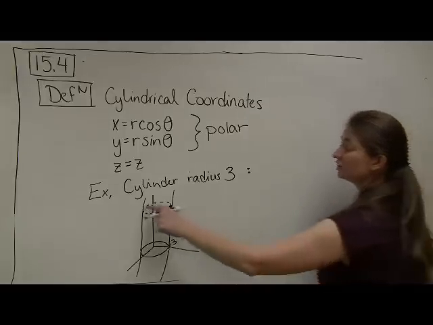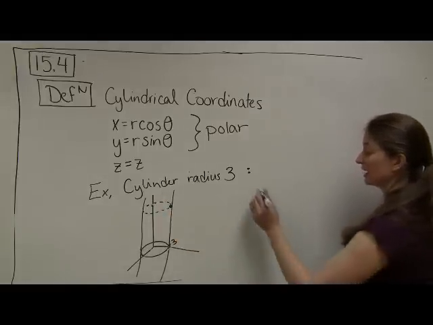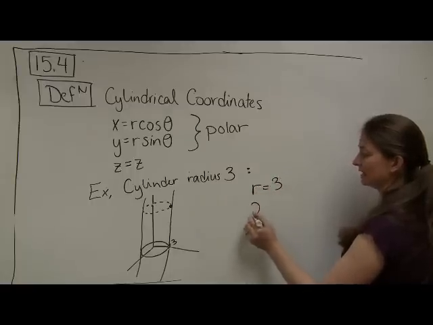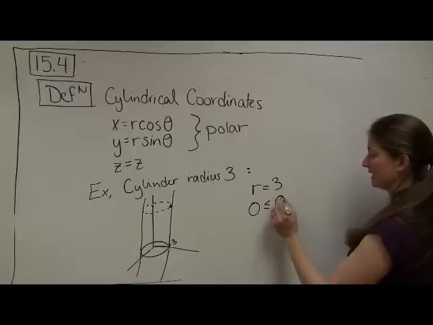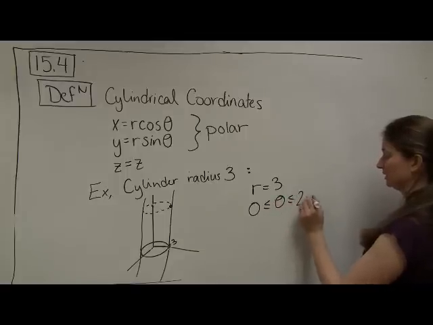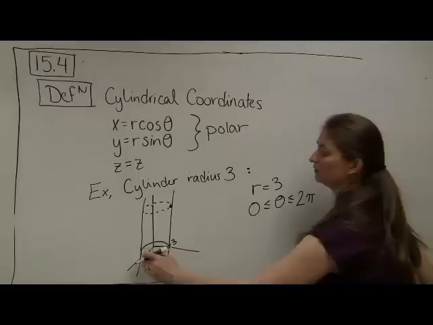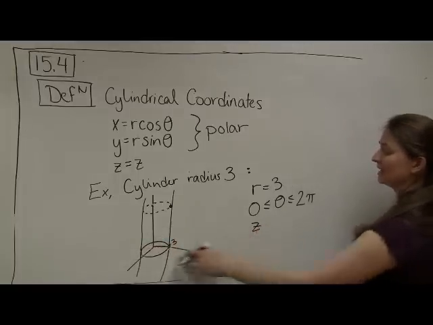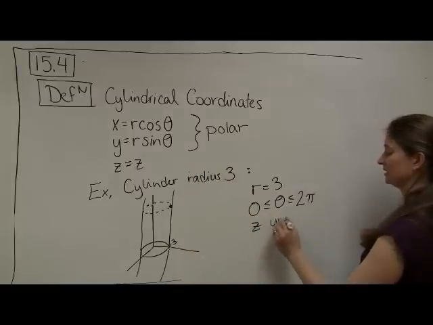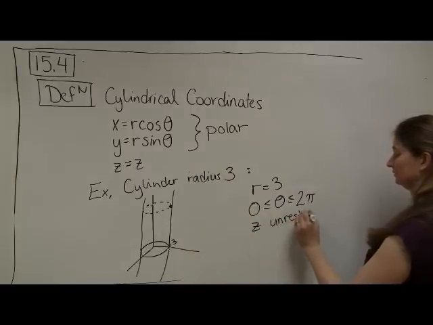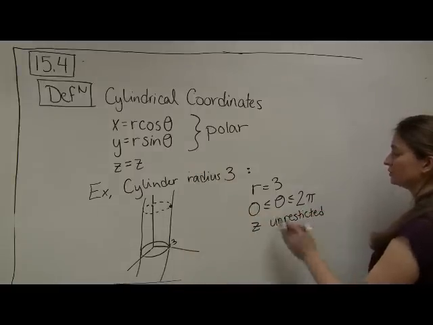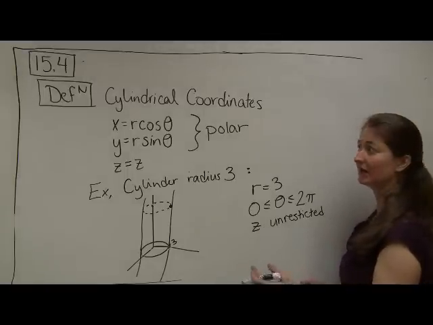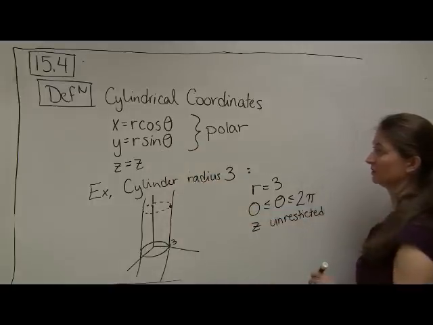So just by visually evaluating what this cylinder looks like, I can also come to the conclusion that r equals 3. And I might even say that 0 is less than theta is less than or equal to 2 pi, meaning I could go in a full circle in terms of my theta, and my z's are as high and as low as I want. The z's are unrestricted. So if I just wanted to do a visual analysis, that's going to exactly align with the algebraic computations that we did previously.